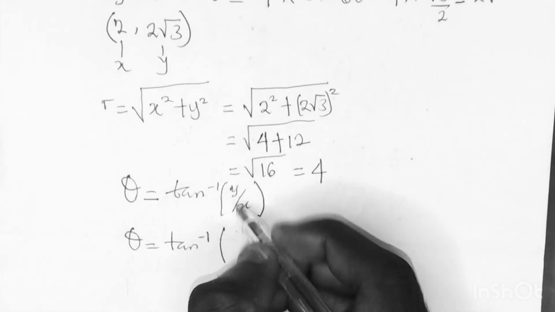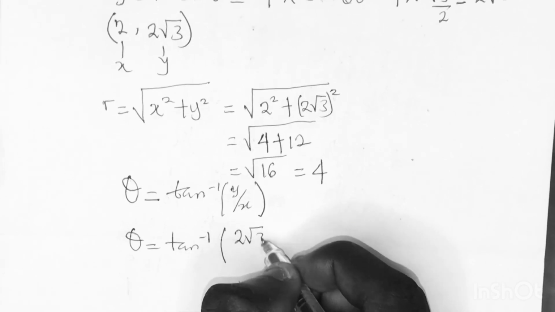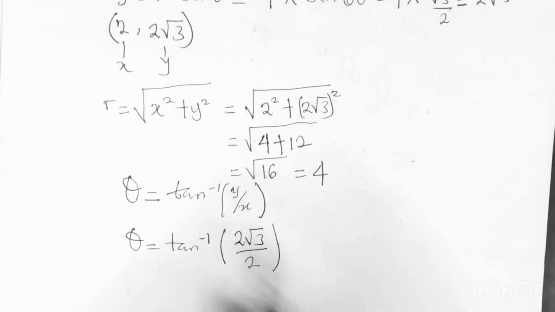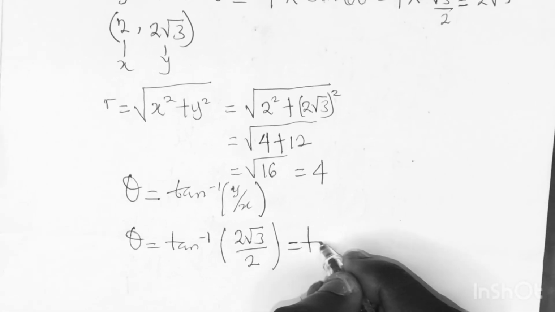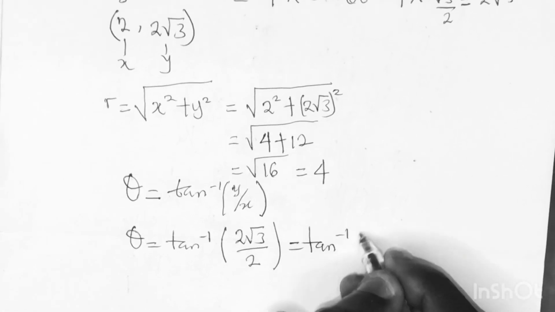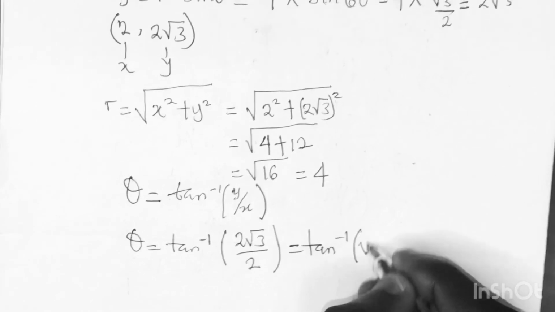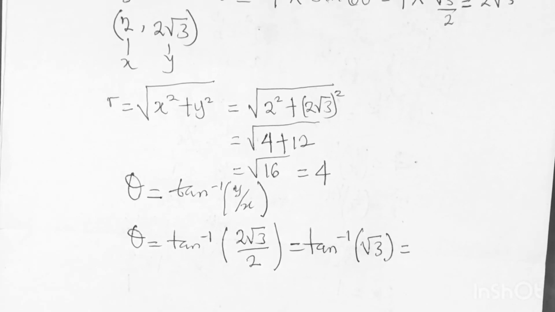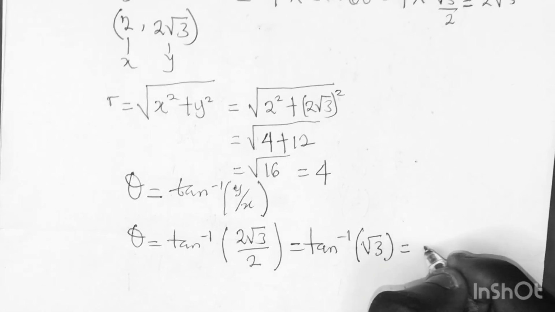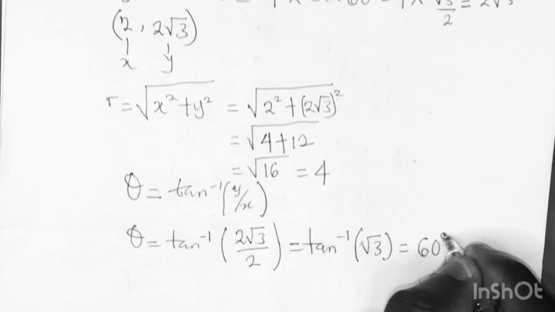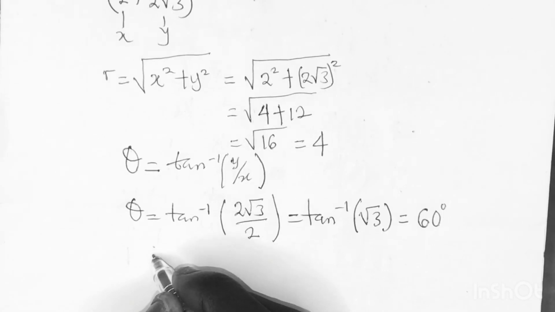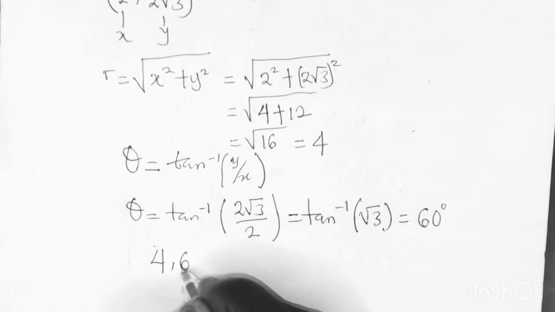So that's 2 root 3 over 2, because 2 is my x, and that will give me the tan inverse of root 3. And we know that the tan inverse of root 3, as we did in our first example, is 60 degrees. So this is 4 comma 60, as required.